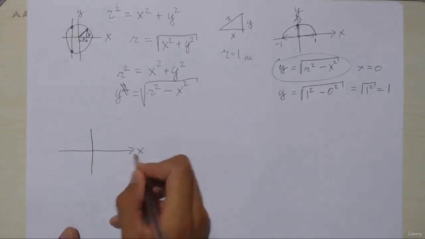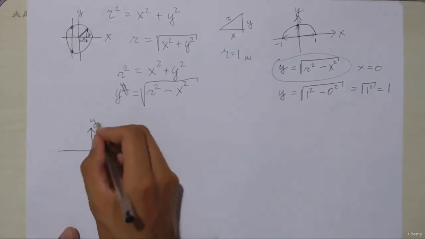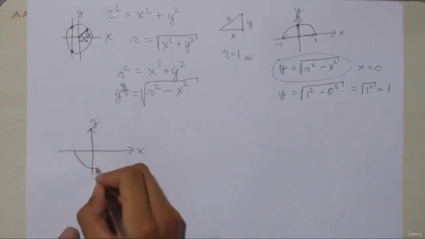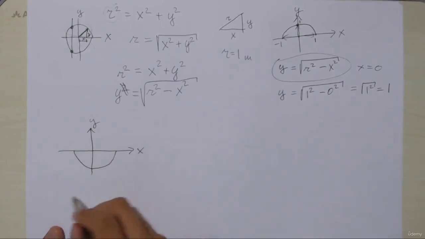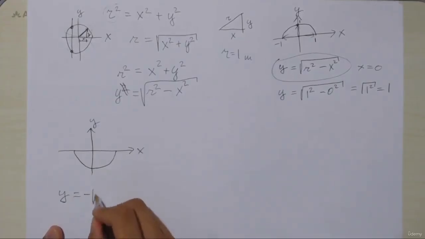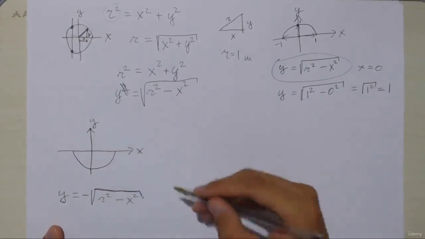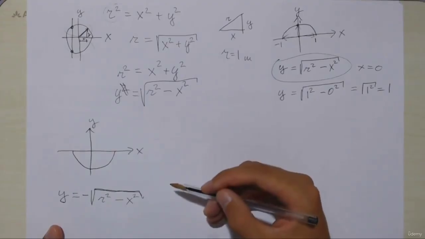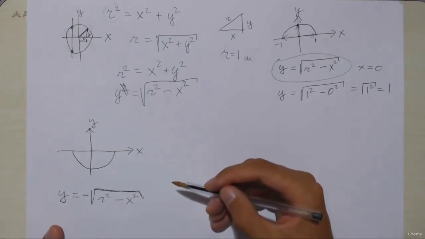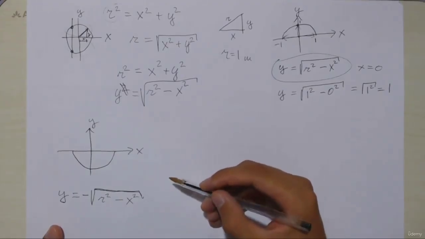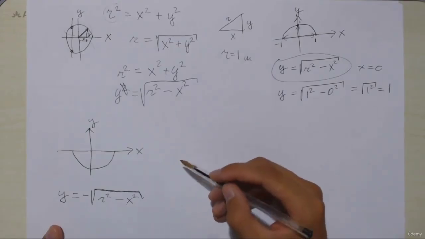What you do is very simply, let's say all the conditions are the same, you simply put a minus sign in front of the original function: y equals minus square root of r squared minus x squared. That's how you can represent the entire circle as a function. You just choose either one side or another side.